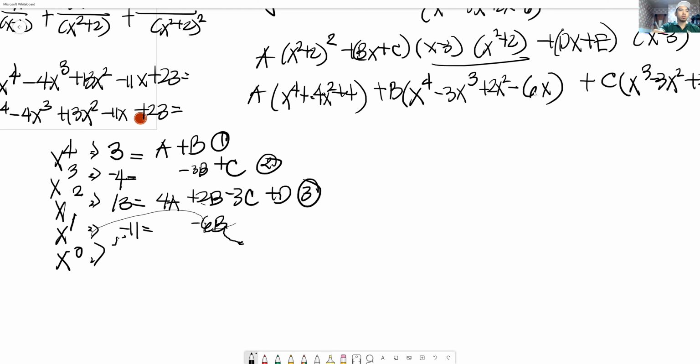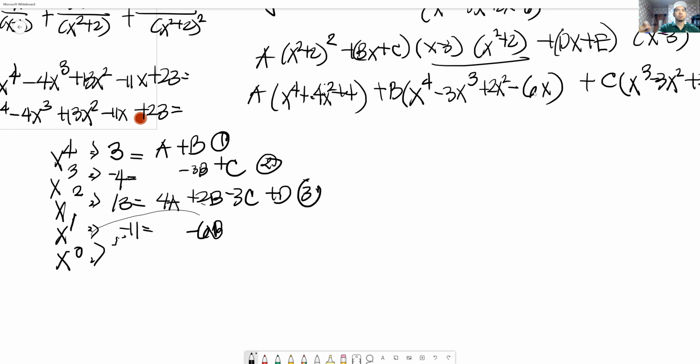So x raised to 1. Minus 6b. So negative 6b.